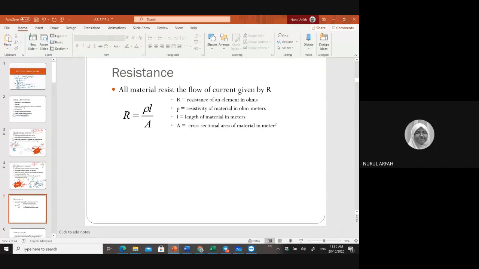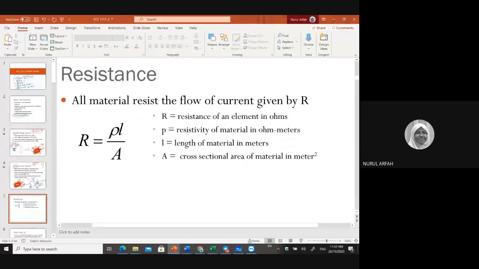All right. Now this one. What is a resistance? By equations, this is the resistance. All materials, you need to know, resist the flow of current by R. Meaning to say, any materials have their own R, less or more.